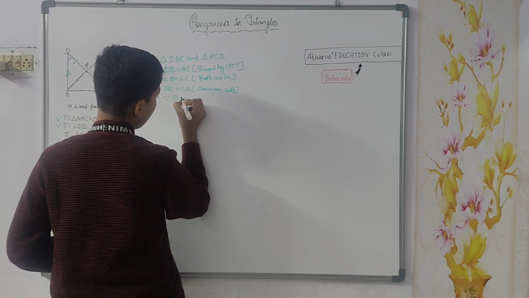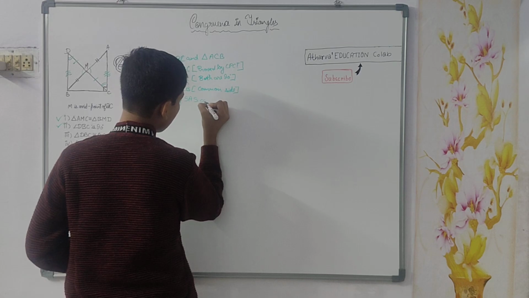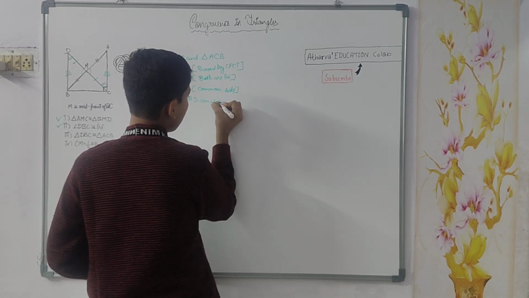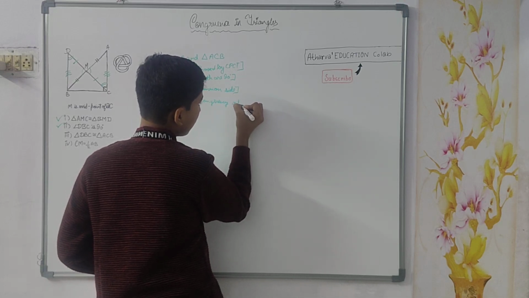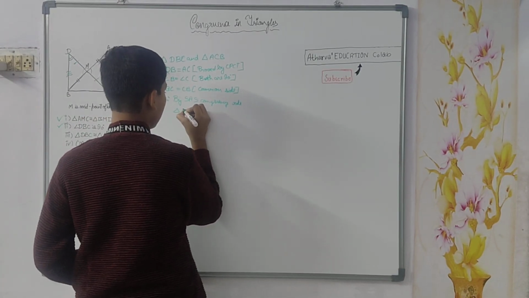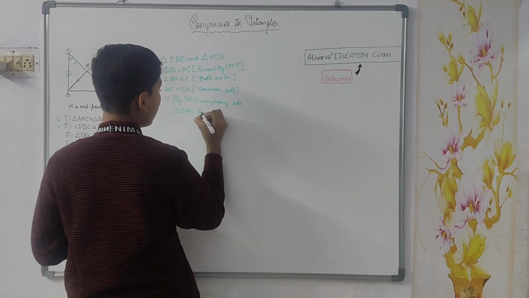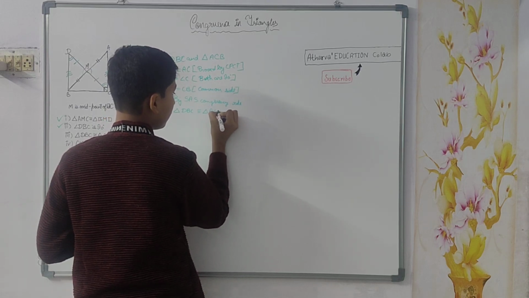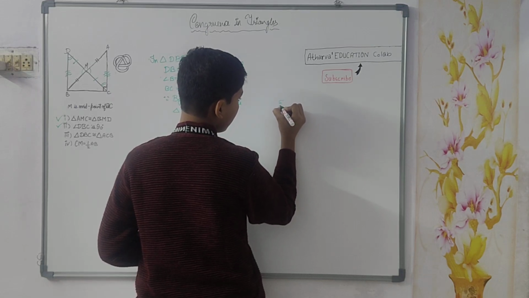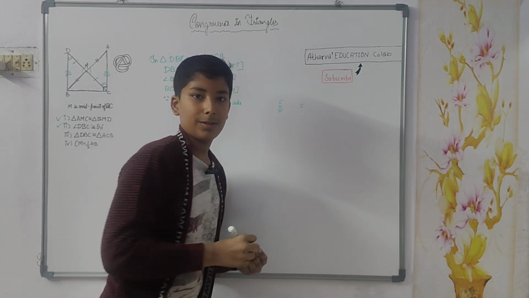Therefore, by SAS congruency rule, triangle DBC congruent to triangle ACB. I like this symbol making. This symbol is very satisfying. I love making this symbol.